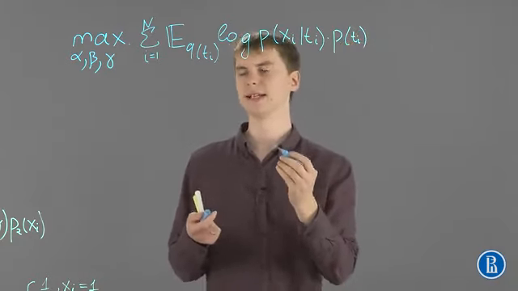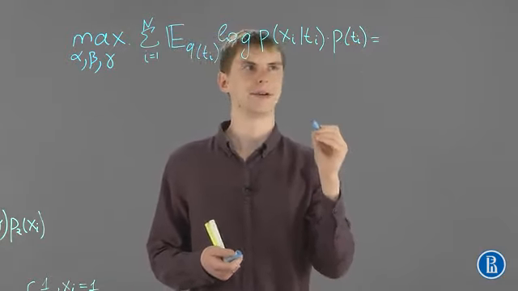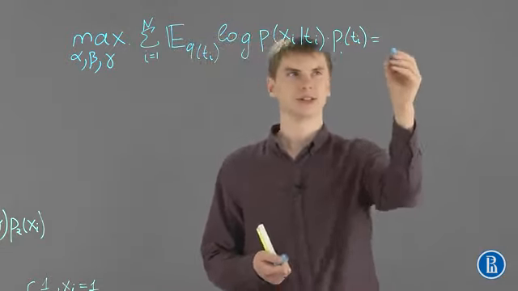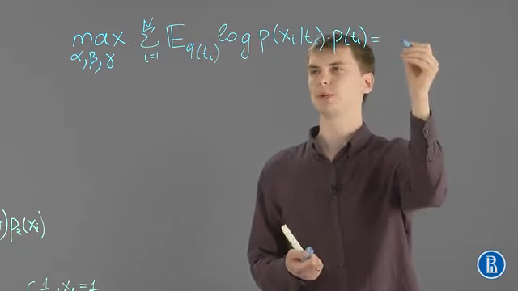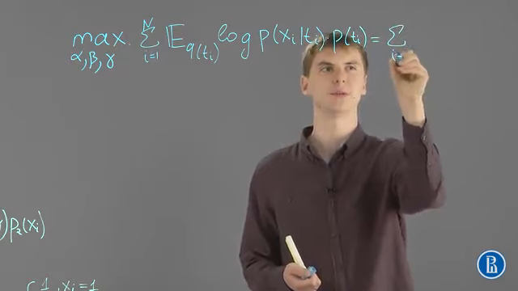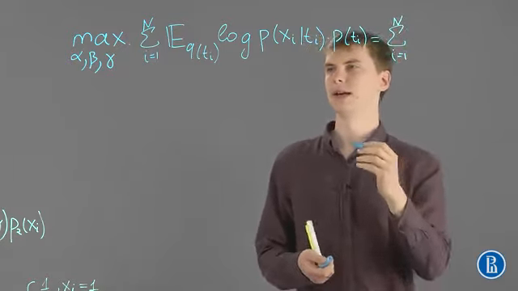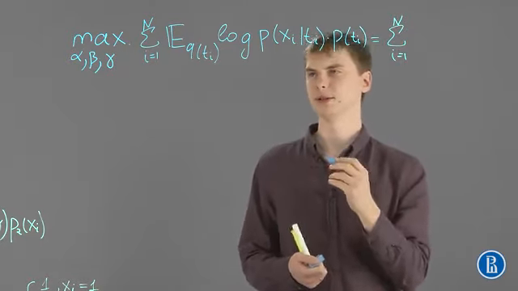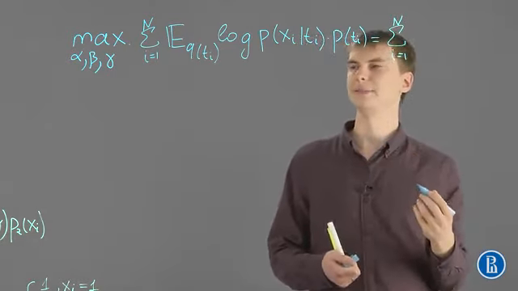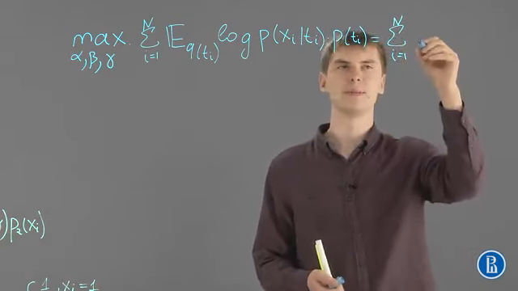And we can rewrite this thing by using the definition of the expected value, which is a sum with respect to all possible values for Ti. And there are two possible values for Ti here. The first term corresponds to Ti equals 1, so for data points that are coming from the first component of the mixture.